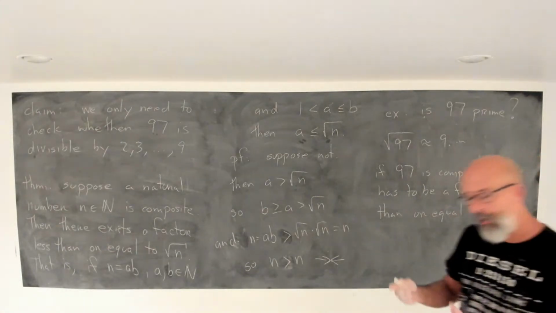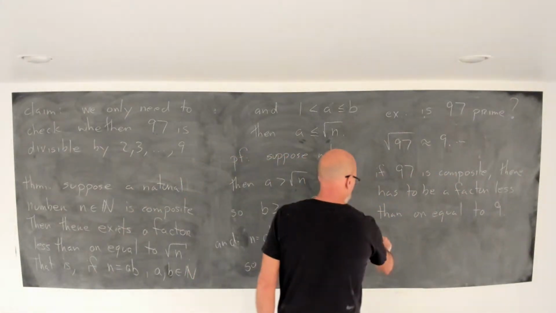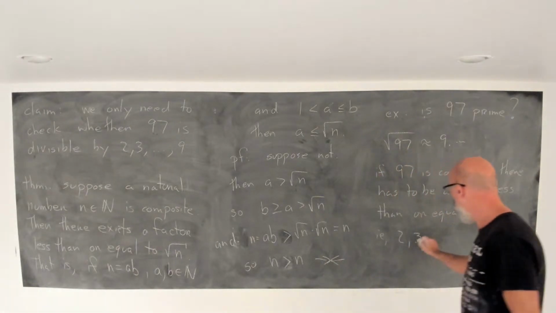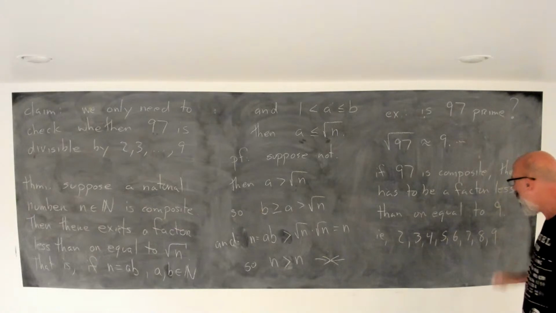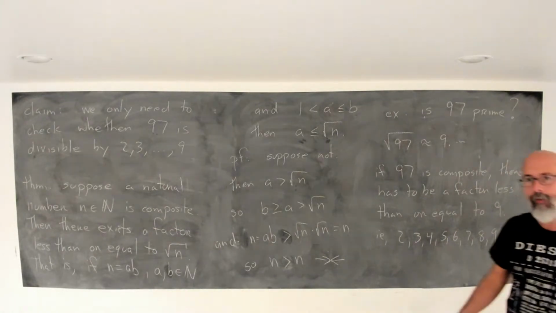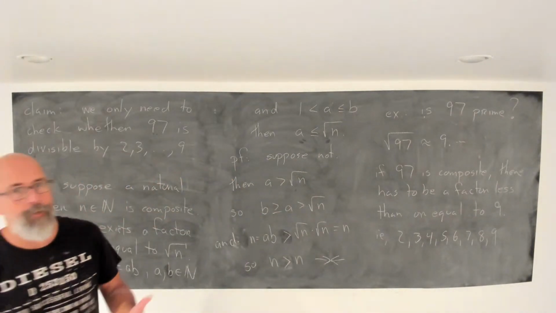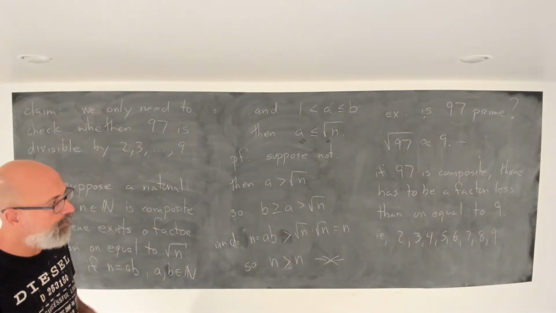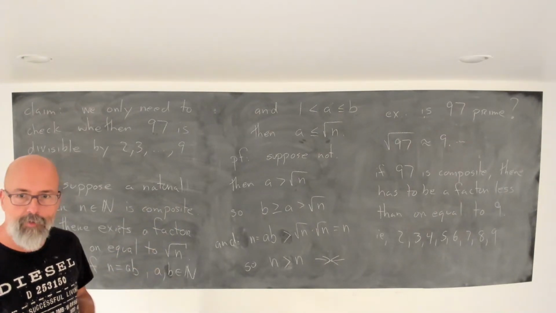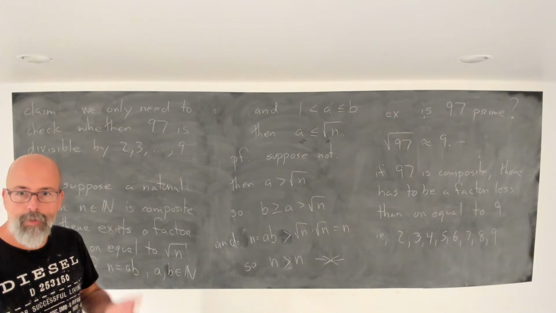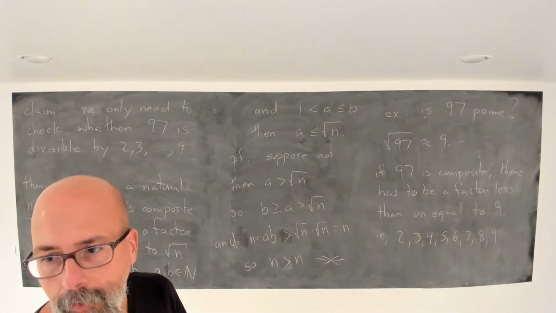So you only need to check whether 2, 3, 4, 5, 6, 7, 8, or 9 divides 97. If none of these numbers divide 97, then 97 is prime. If one of these numbers divides 97, then it is not prime. And that's it.